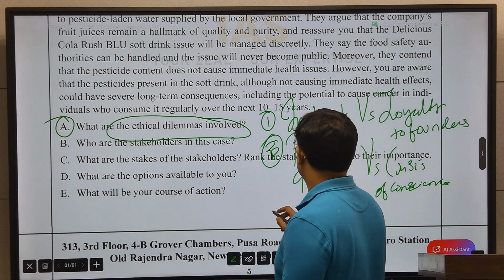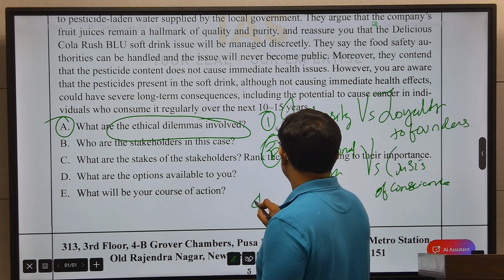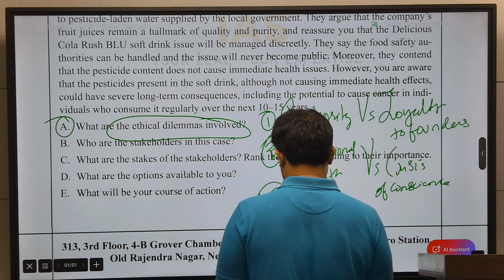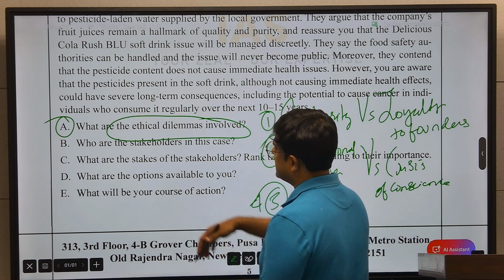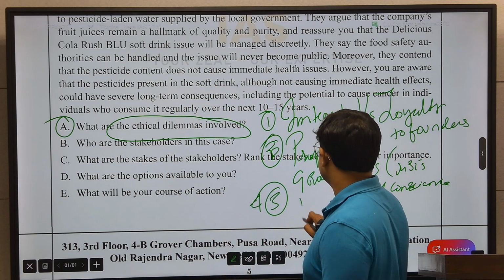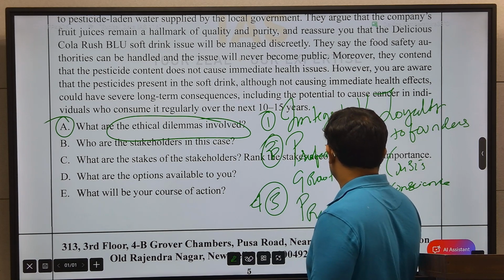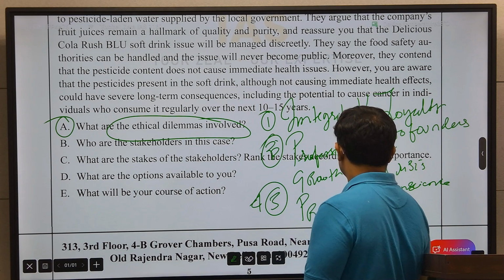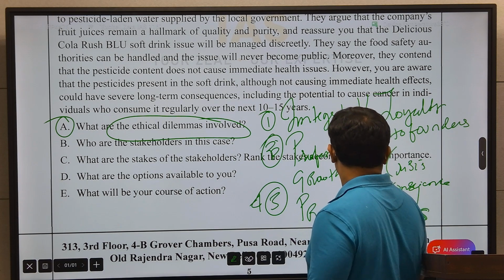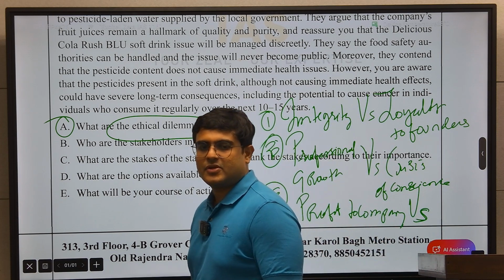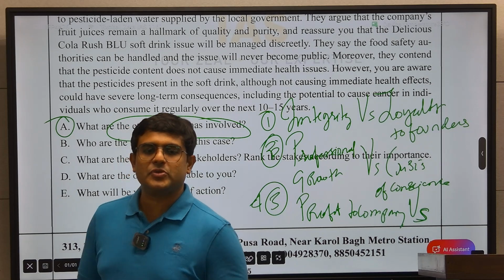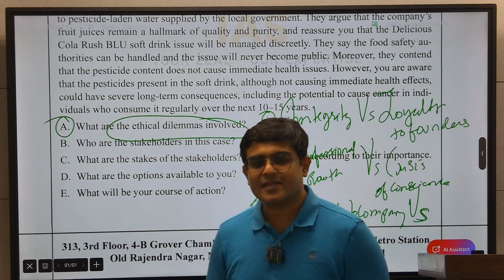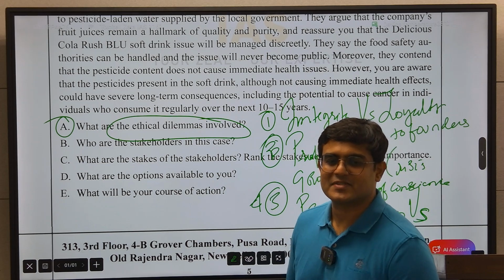Okay, next, what can be the ethical dilemma? Third, let's look at the organization level, that is this company level. Profit to the company versus social responsibility. On one side you make profit for the company, the utilitarian approach, maximize profit, maximize pleasure, but there is some social responsibility as well.